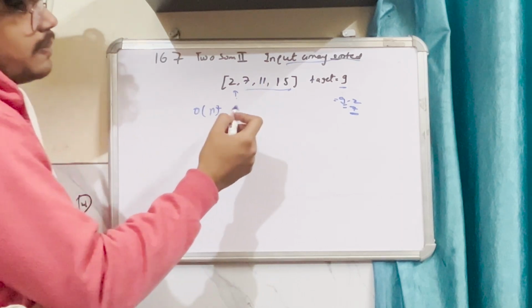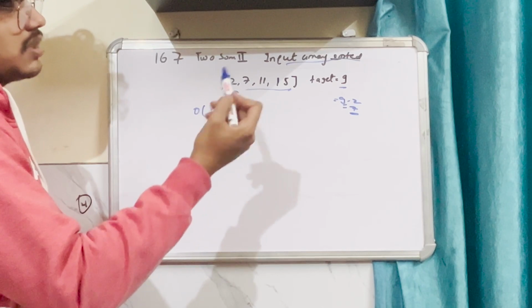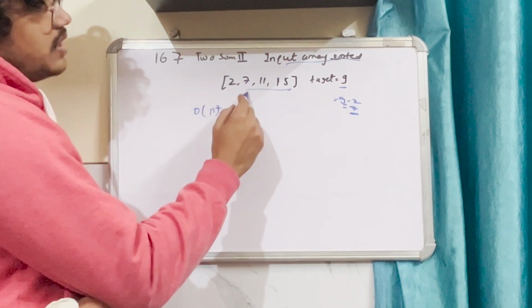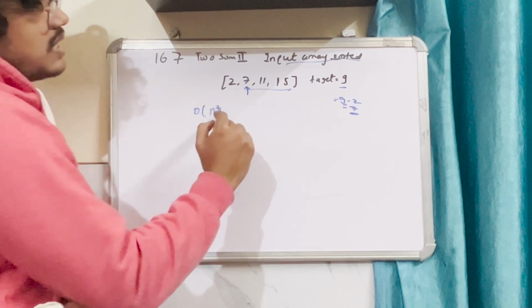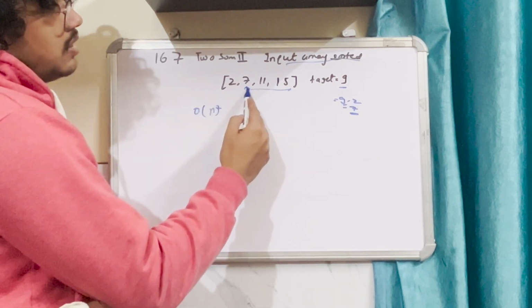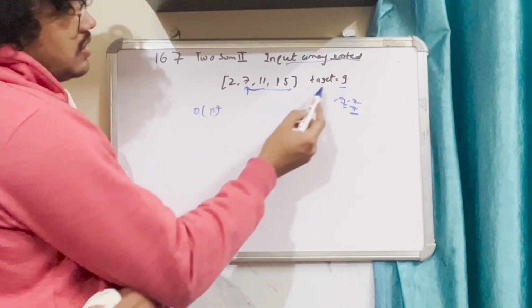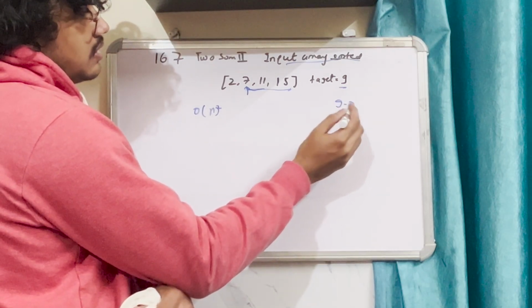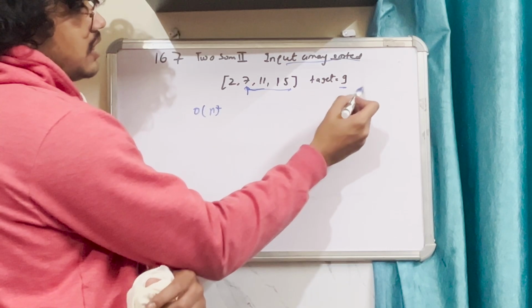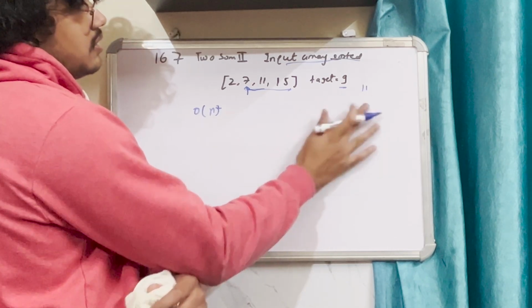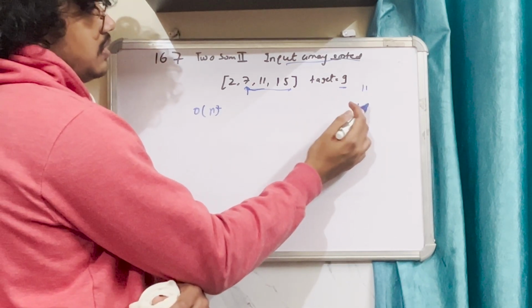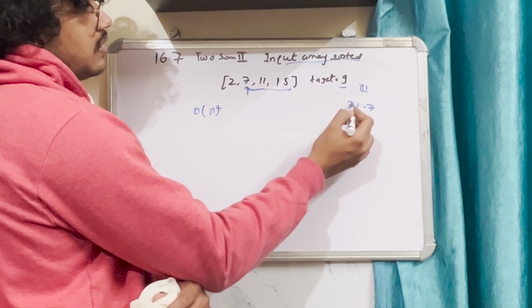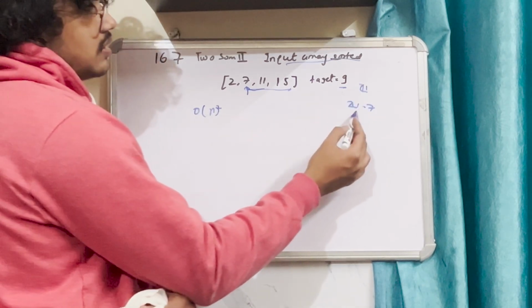Or if it doesn't happen, like 7 is not there, let us suppose, you will move to the next element, 7, and check the target minus 7. Or suppose the target is 21, then 21 minus 7 is 14.